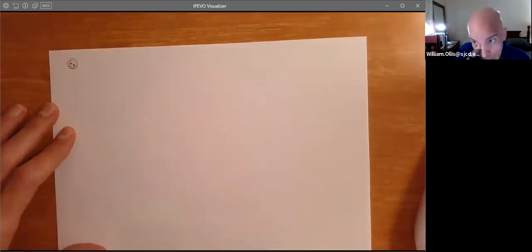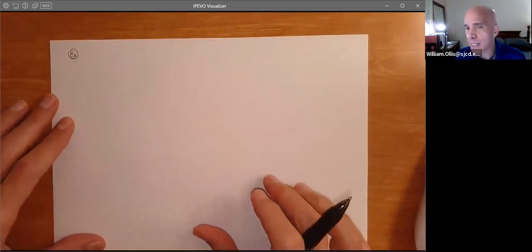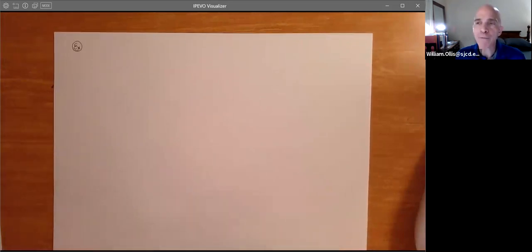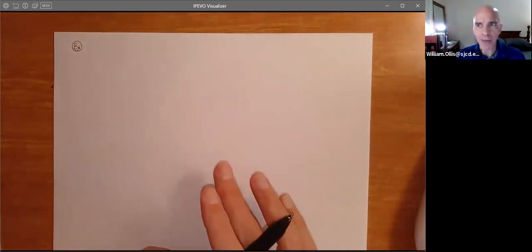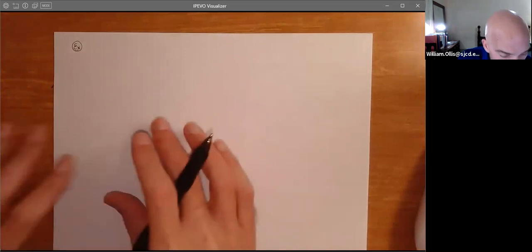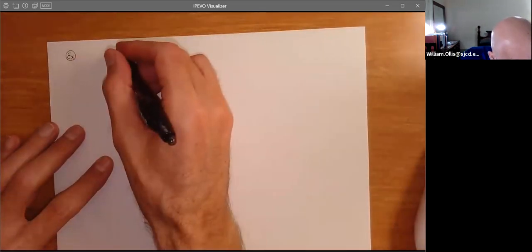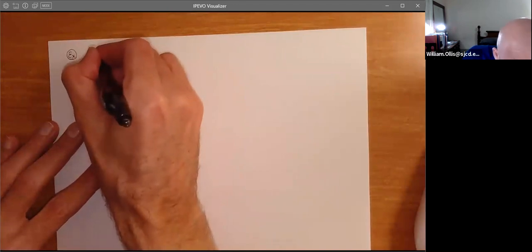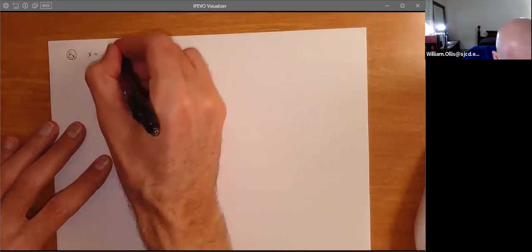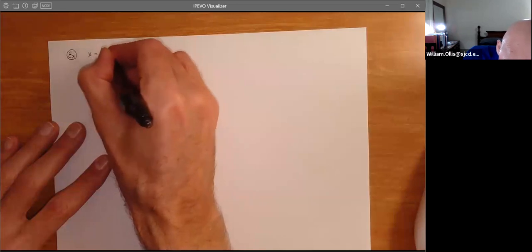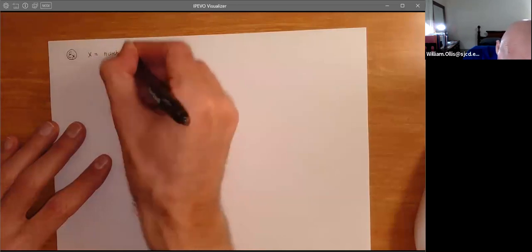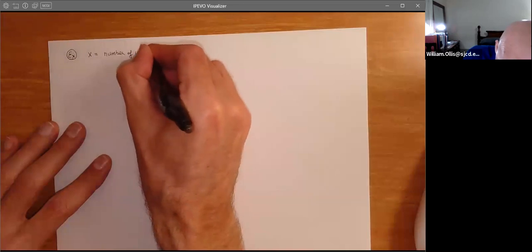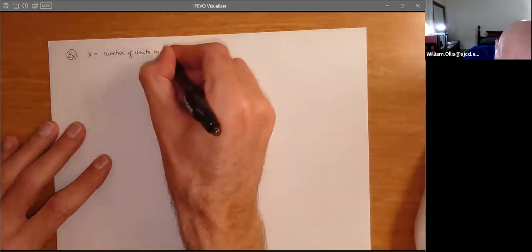Now, I want this to look like the last problem we did, in that we don't have to really construct anything. We're given a function, and then the light bulb has to come on that says, I think we know what to do. So in this particular case, we have X equals the number of units manufactured.